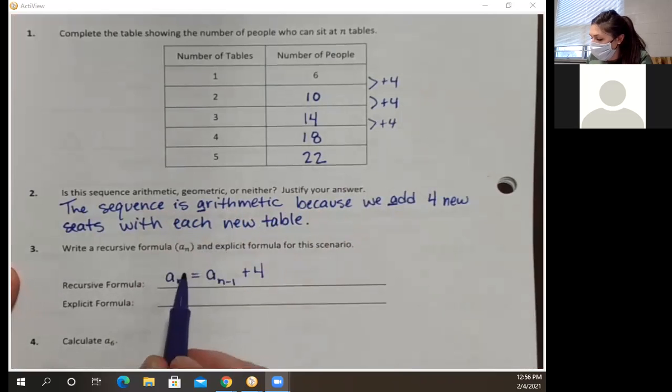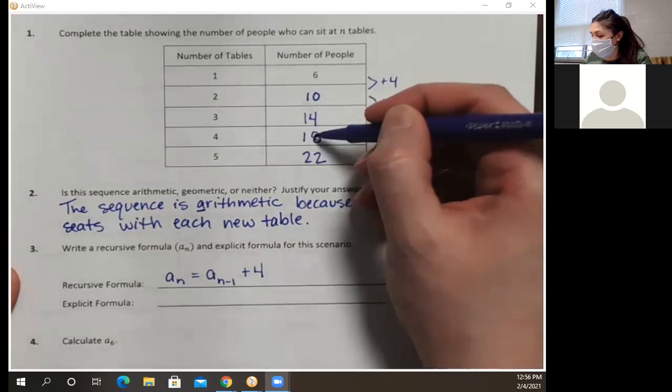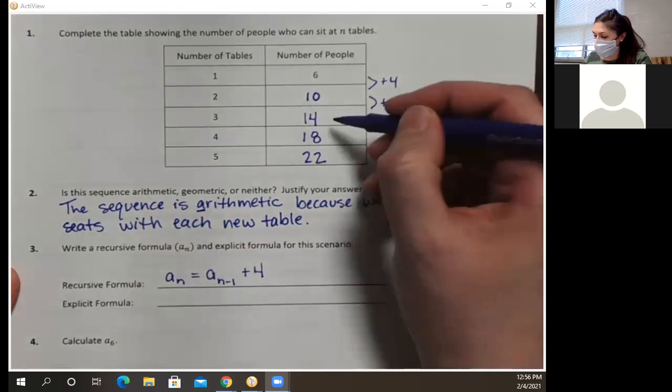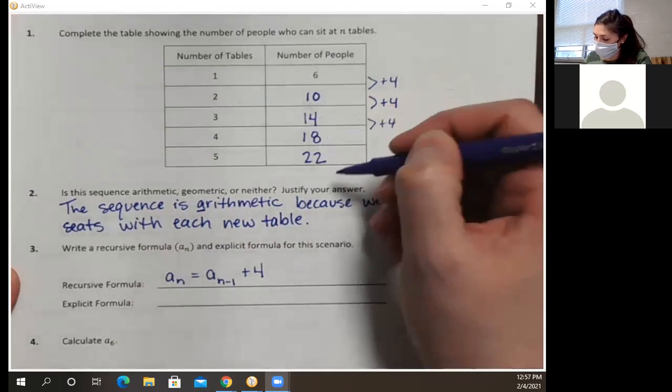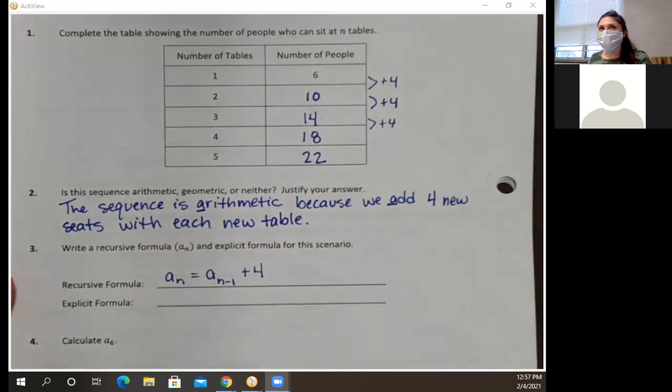So my new term would be the previous term, the one right before it, plus 4. And that's what we did to find our number of people for 4 and 5 tables. We took the previous one and we added 4. And to find 5, we took the previous one and added 4. That's our recursive formula there.